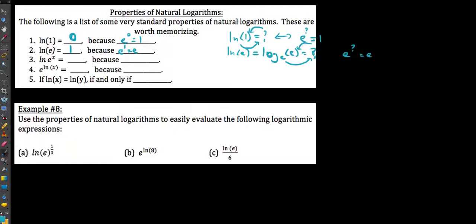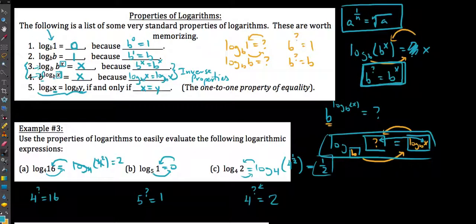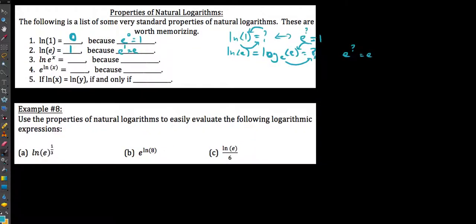Okay. Now the ln of e to the x. This is the same as the last time we looked at this property, except last time we wrote it explicitly. When we take log base b of b to the x, in other words, take the log base b of an exponential thing base b, they cancel out and we get our exponent. The thing is just that with the natural log, we tend to not write the base.